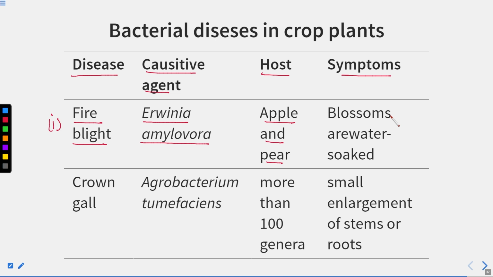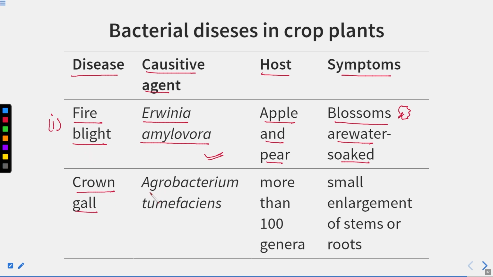What are the symptoms? Blossoms are water soaked. So all the blossoms, the flowers, become water soaked, and they do not form the fruit. So Erwinia amylovora causes fire blight.